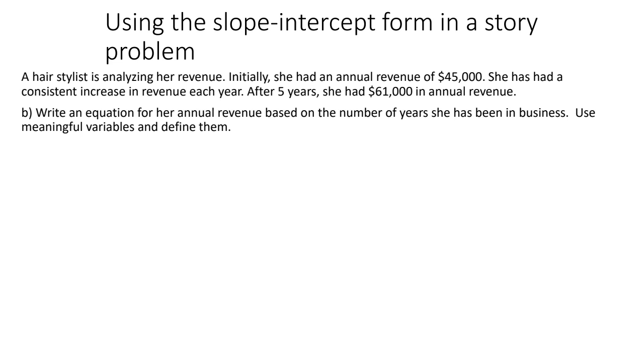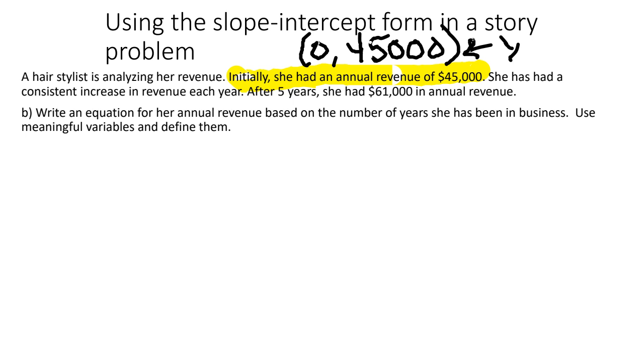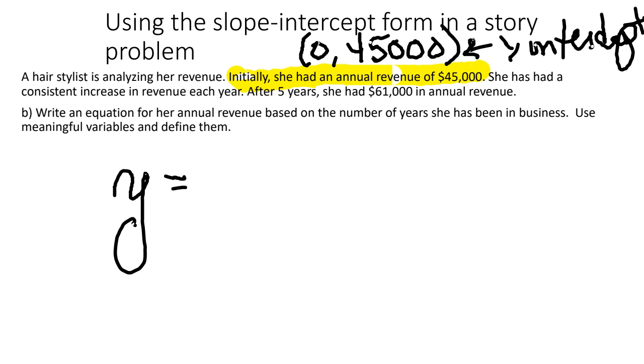First off, you need to recognize that this ordered pair that we wrote was 0, $45,000, which is our y-intercept, which means y equals, we have some number in front of x, which we know was $3,200.